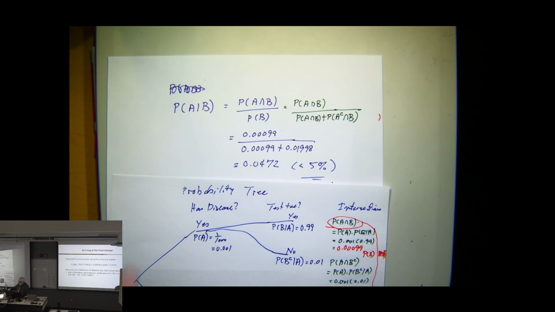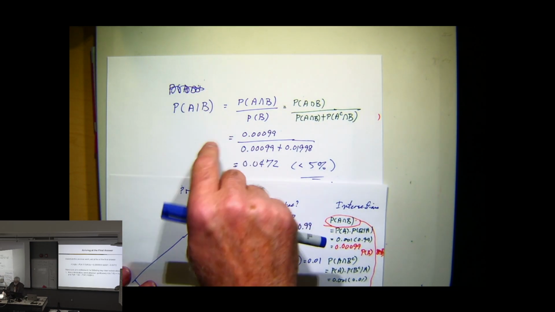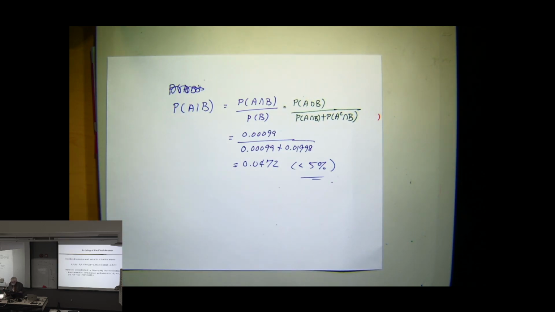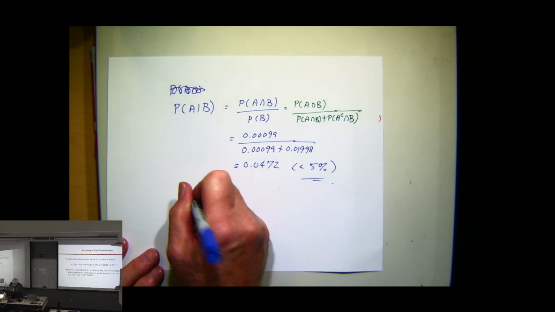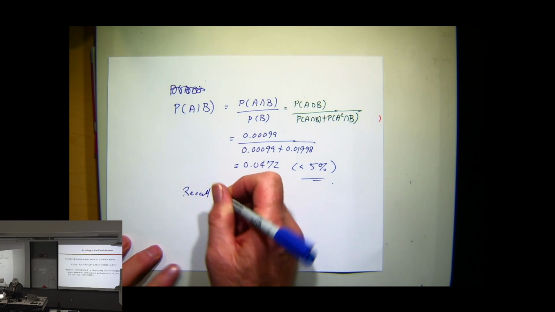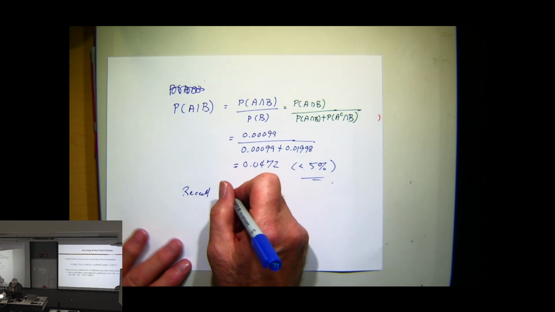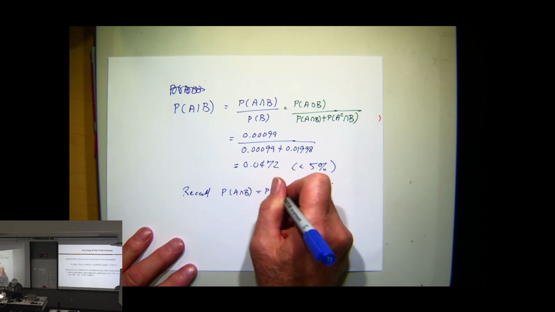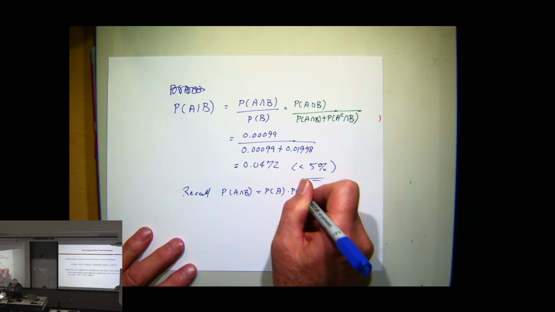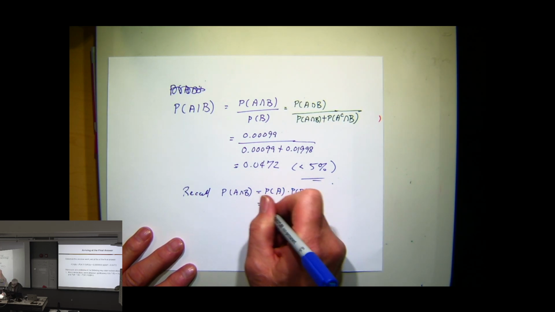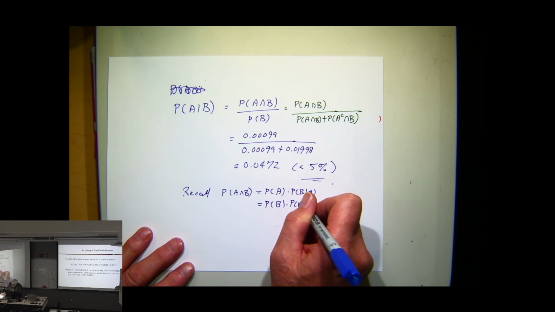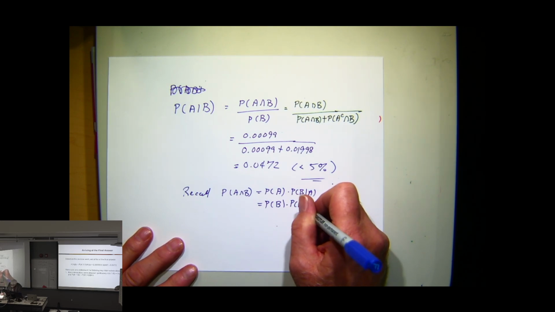And the way we get from the probability of B given A to the probability of A given B is to move through the intersection. Recall that the probability of A intersect B is equal to the probability of A times the probability of B given A, but it's also equal to the probability of B times the probability of A given B. Oops, that was supposed to be a given sign there.